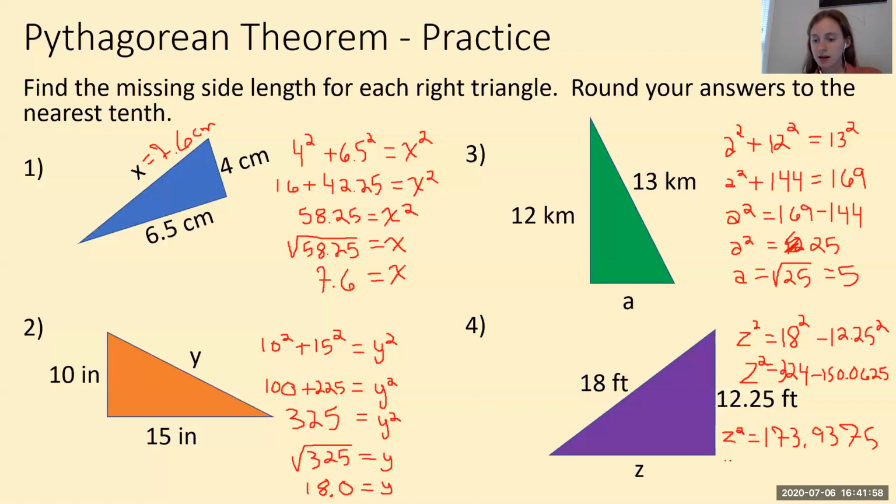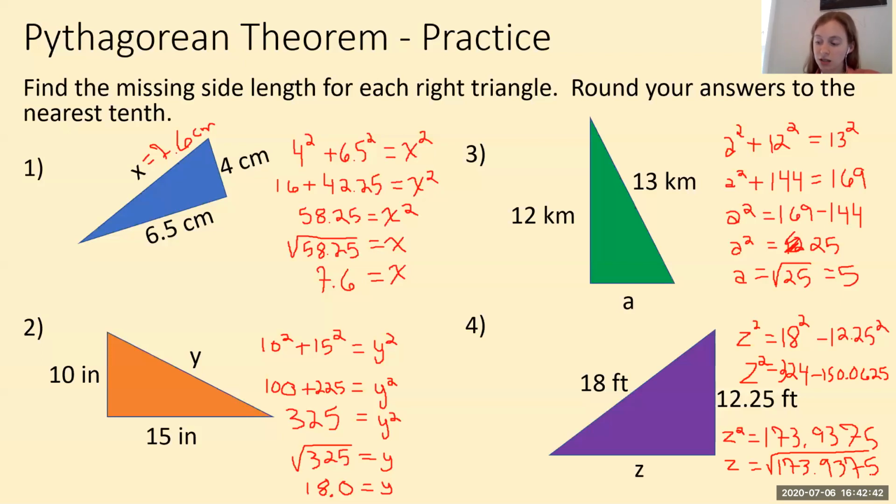And then my last step is going to be to take that square root. So the square root of 173.9375, and we get 13.18.